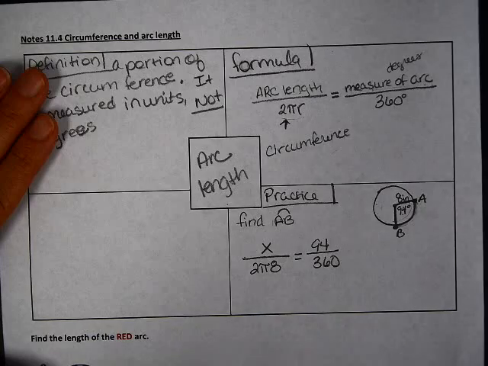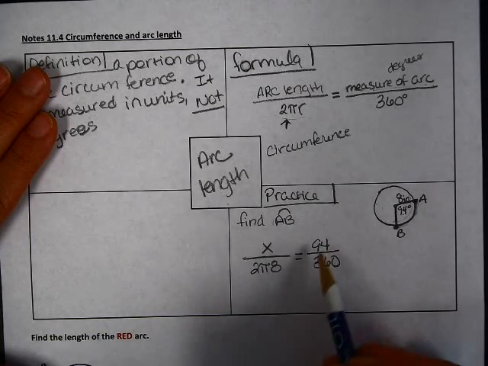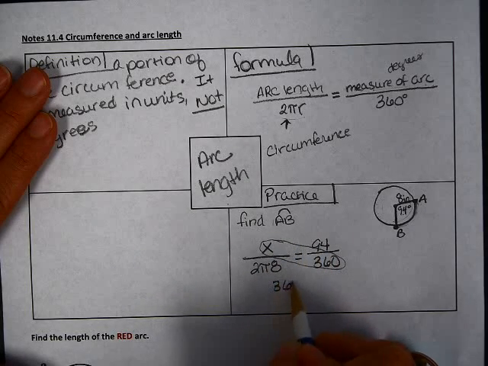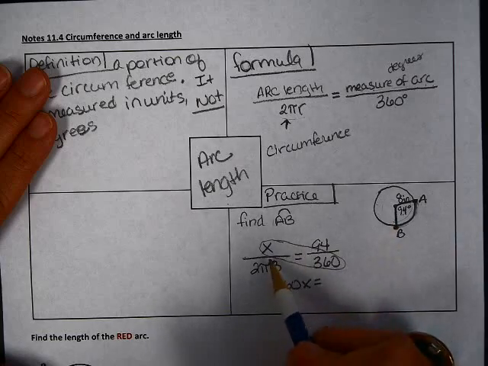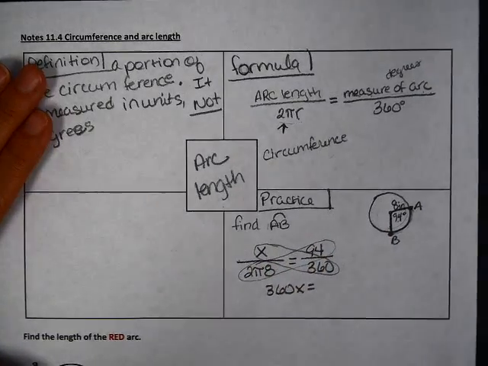All right, now this is just a matter of cross products. Anytime you have proportionate ratios, it's just cross products. So we've got 360x is equal to 2 pi 8 times 94.